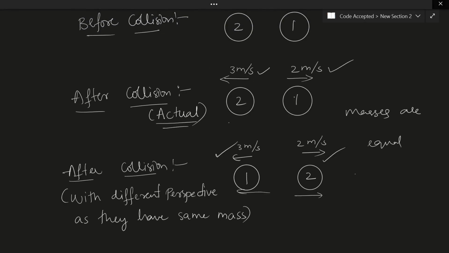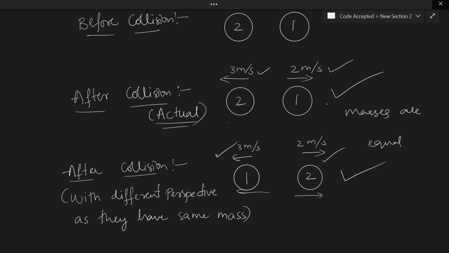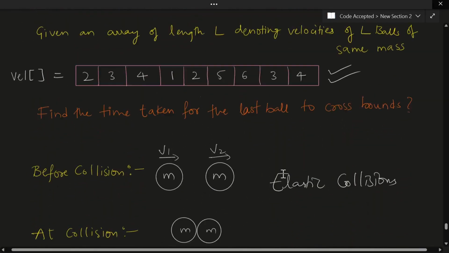I hope I made you understand. This is the actual case and this is the imaginary case. Even after the collision, every ball will just travel as if the collision has not happened. This is the main key to solve this problem.